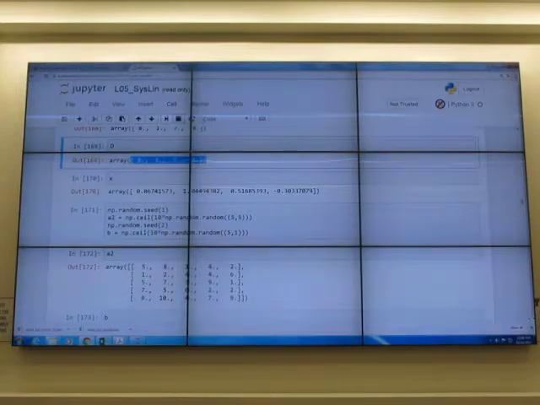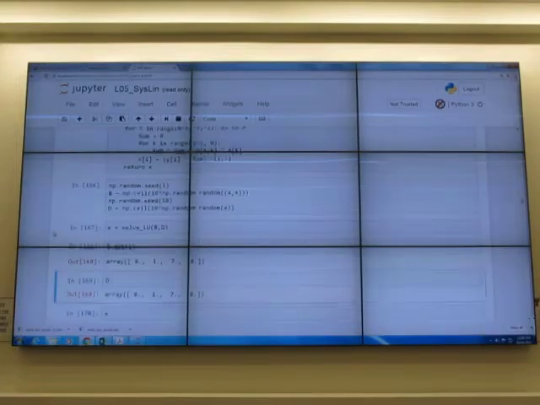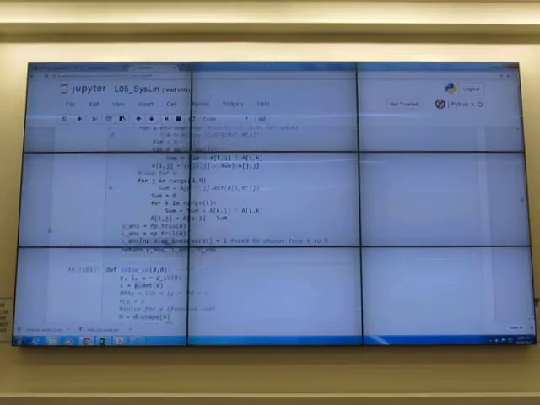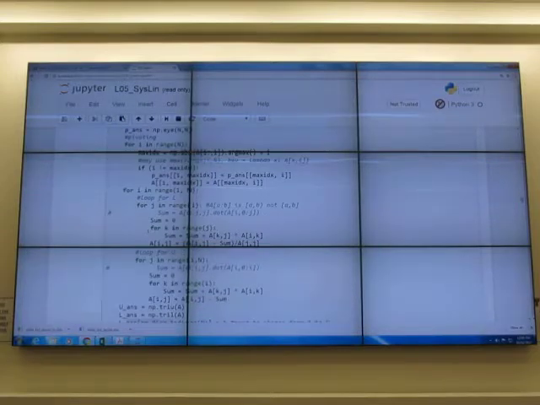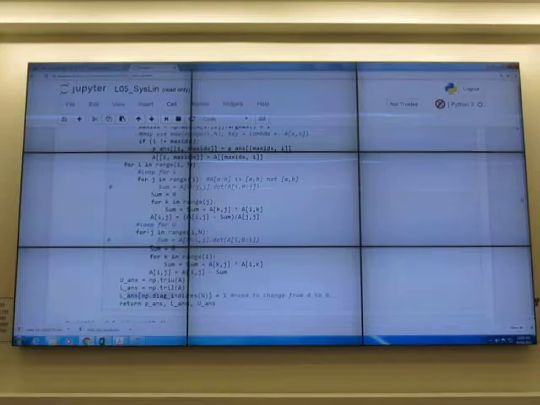Look at LU. We see for loop i, for loop j. Why do I say that is 3 nested for loops?